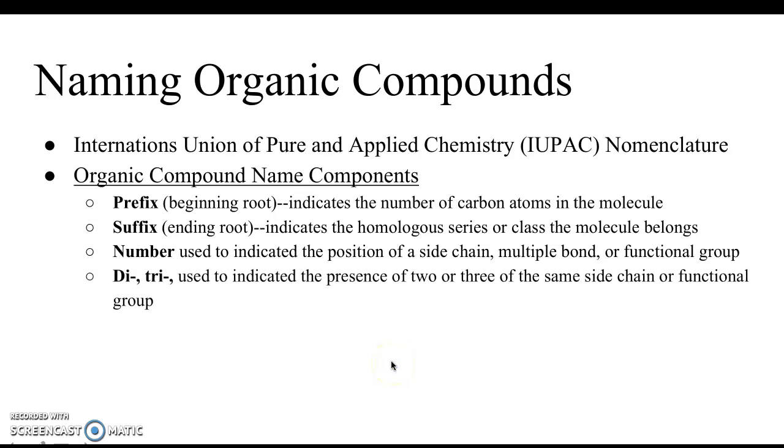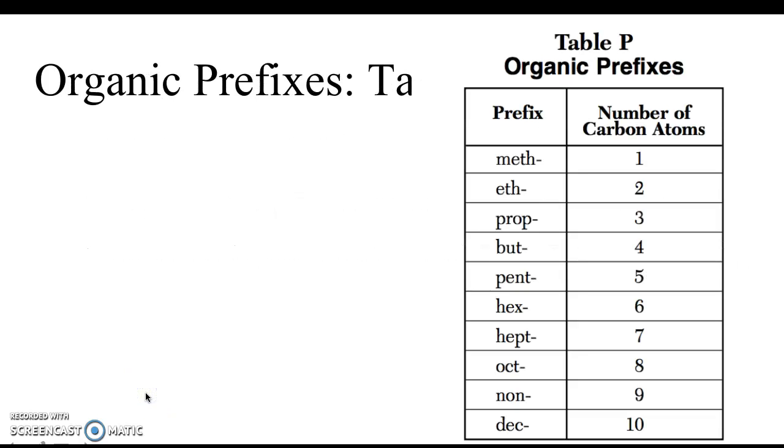And sometimes you might see other prefixes like di and tri. So if you have, for example, two chlorines on your molecule, you would use the prefix di just to indicate that there is two chlorines and not one chlorine. To help you out, there is a table, table P in your reference table, that gives you the prefix that we're going to use.